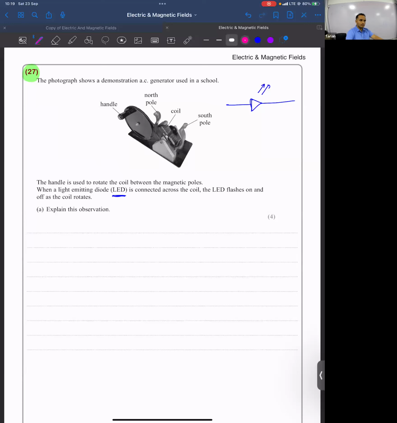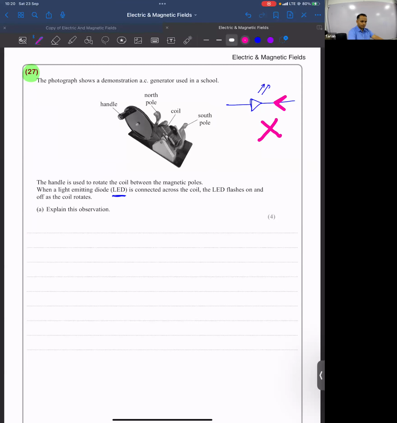You know that, right? So when the current is passing through this LED in this direction, yes, there will be a current passing through the LED, so the LED will emit light. But if the current is trying to pass through the other direction, the current will not be able to pass through it, so the LED will not emit light.